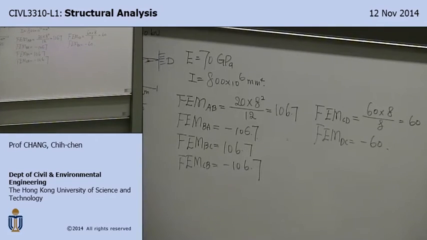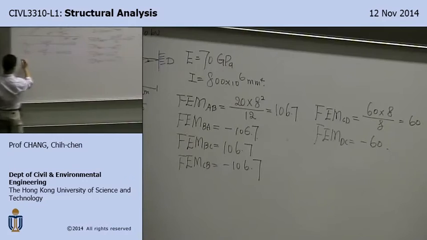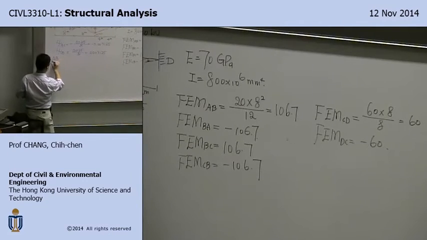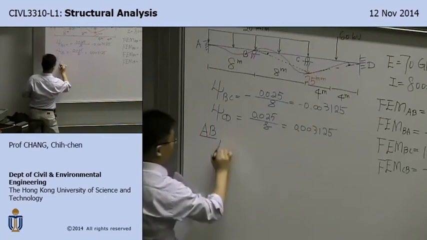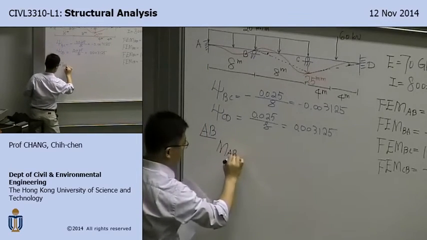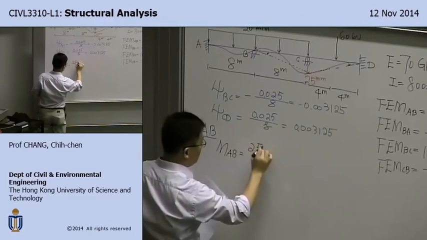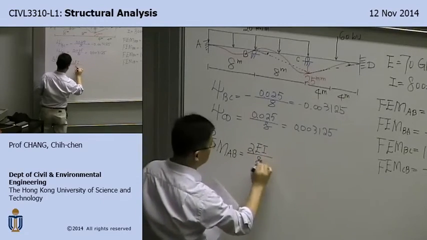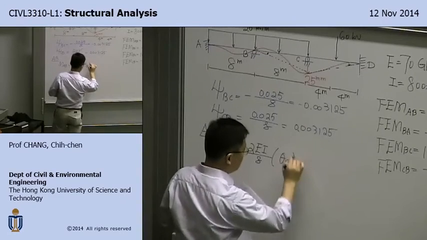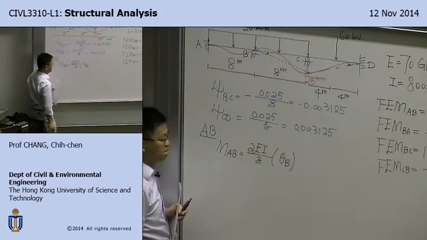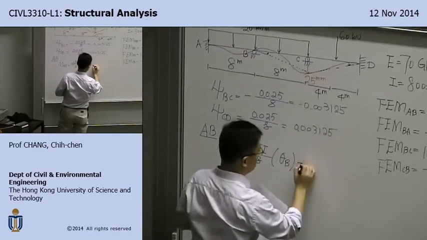So now we get into the elements one by one. Element AB. So MAB is 2EI over L, 2 theta A, 1 theta B, no rigid body rotations, plus fixed end moment.